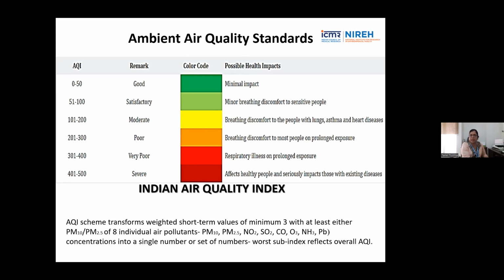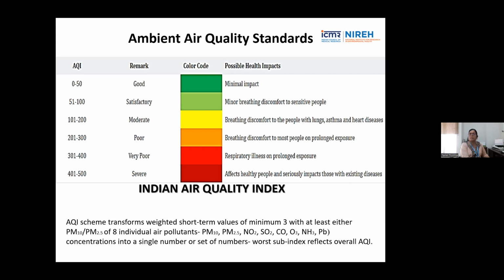The worst subindex gives the overall air quality index. And then they are color coded according to these values. From 0 to 500, they are broken down into 6 categories, with green meaning minimal health impact, that the air quality is good. And red, the severe one, means that it can affect even the healthy population.